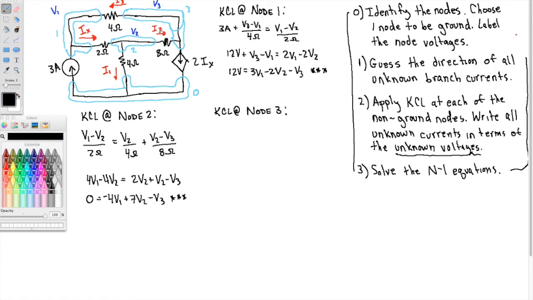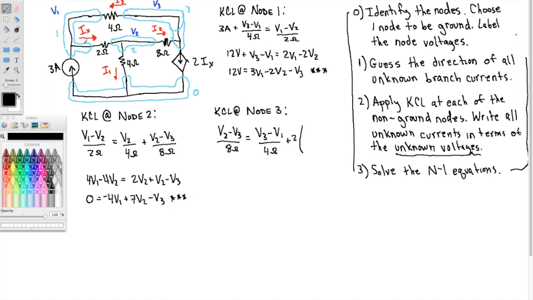Coming in is I2. Okay, I2 is V2 minus V3 over 8 ohms equals. This current I3 is leaving, V3 minus V1 over 4 ohms. And this current is leaving. This is 2 times IX.